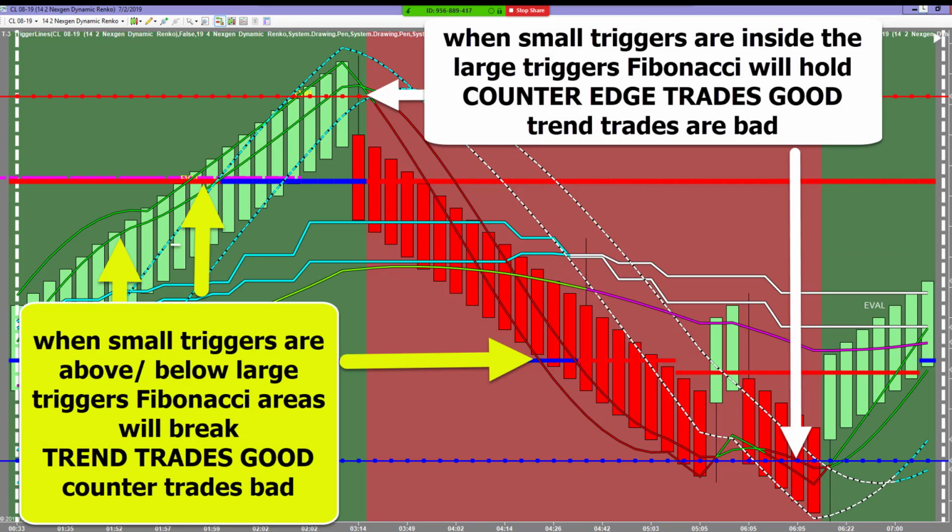So, to go a little further, technically, some yes and some no. One of the shortcomings with the Bloodhound for us is because we use synthetic triggers and fibs from other time frames, the Bloodhound doesn't pick them up until after the fact.